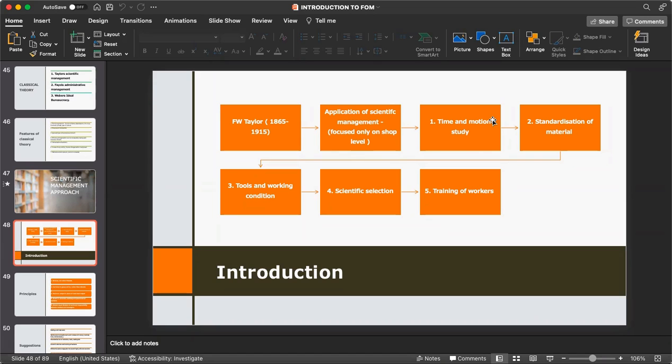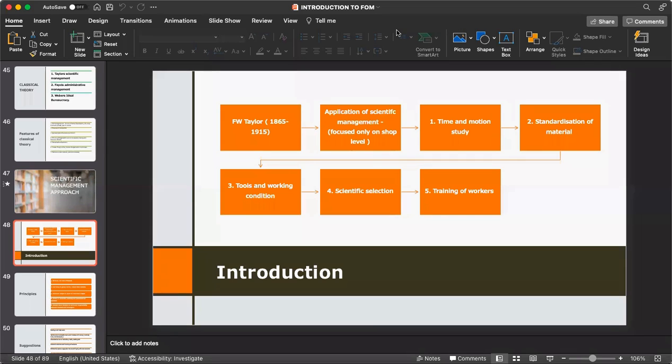Now, make sure that with the help of time and motion study, we can easily find out how efficient a particular individual is, what about their idle time, what about their working time, and what about the time which is being wasted by the workers. So time and motion study talks about the evaluation of an individual's performance at the ground level. That is called time and motion study.